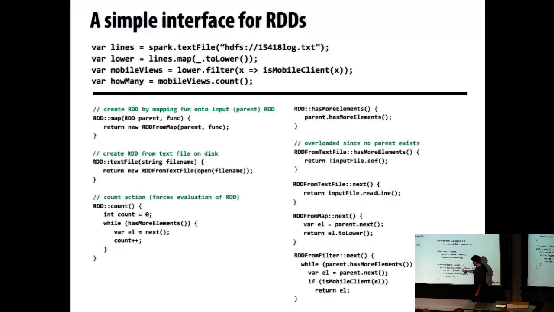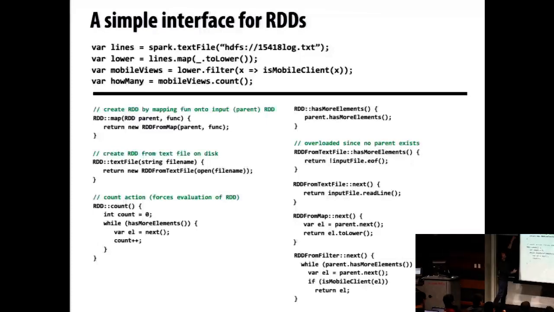And I could do the same thing for filter: while the parent, the upstream block, has more elements, while the parent RDD is not done, keep grabbing the next one until one of them passes my predicate, and return that.